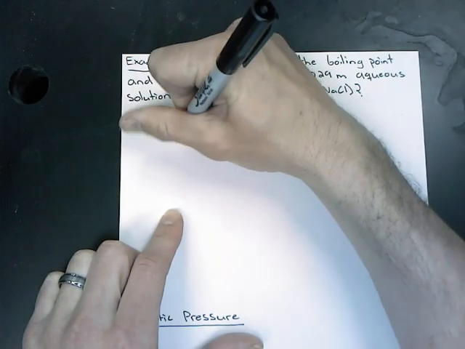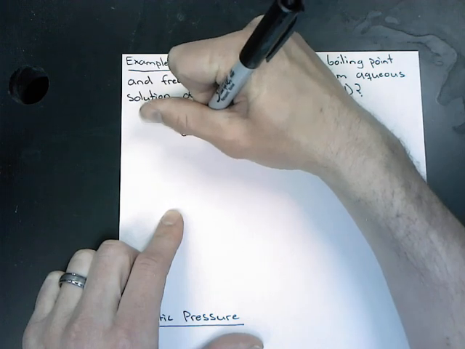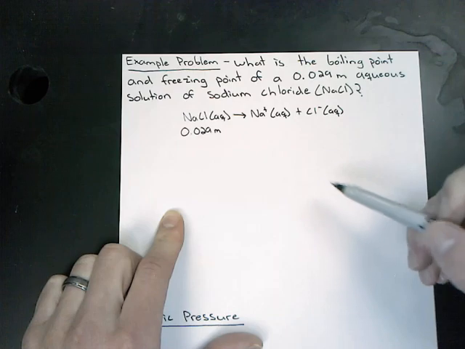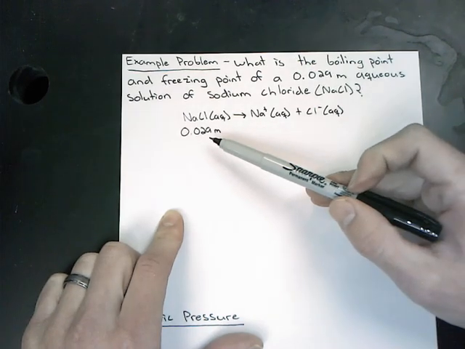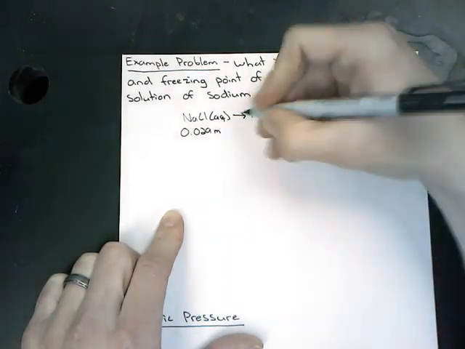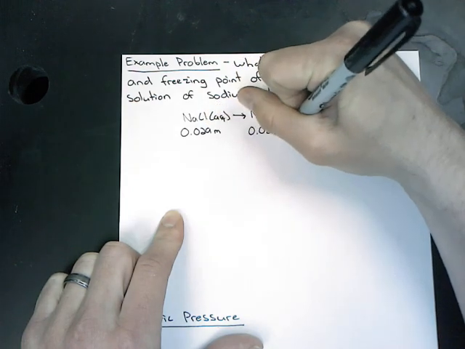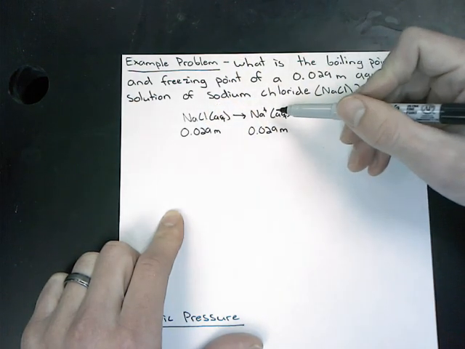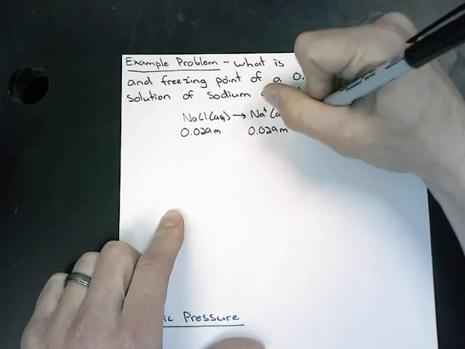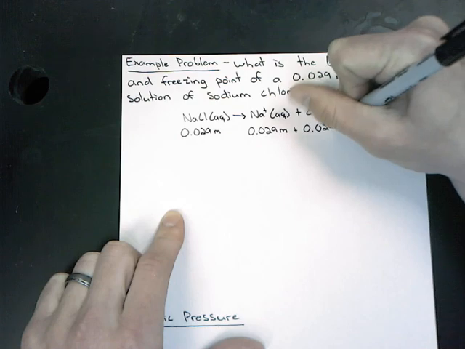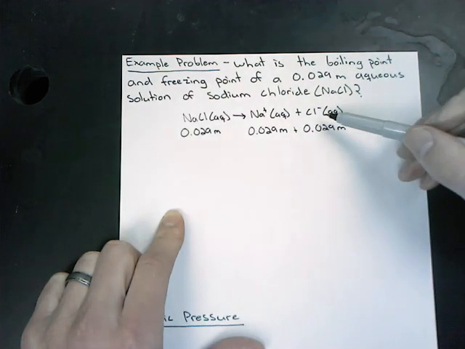So we start out here with 0.029 little m, and what this means is that we have both 0.029 molal of Na+ ions, and we have 0.029 molal of this Cl-.